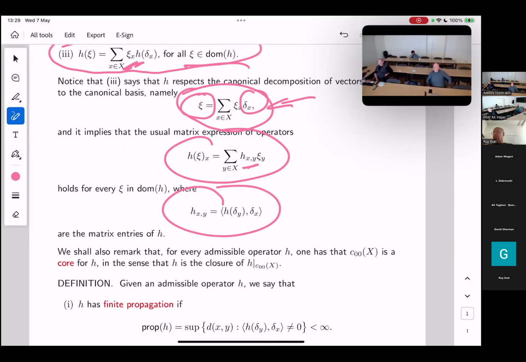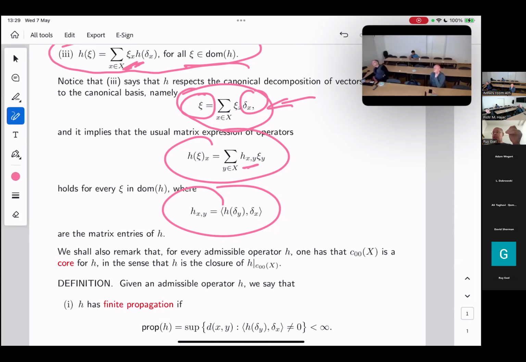The point is that, in my whole knowledge of the field, I've never seen anybody talking about matrices of unbounded operators, right? But of course, if you have a matrix, let's say that given a matrix, we want to define an operator from the matrix.